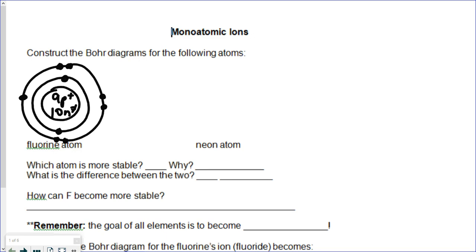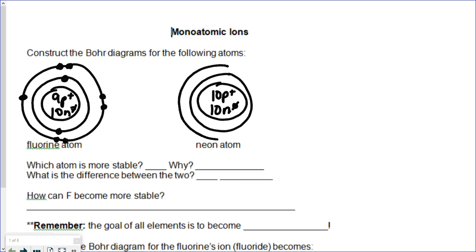And for neon, representing 10 electrons in that neon atom to balance out the 10 positive charges associated with it.